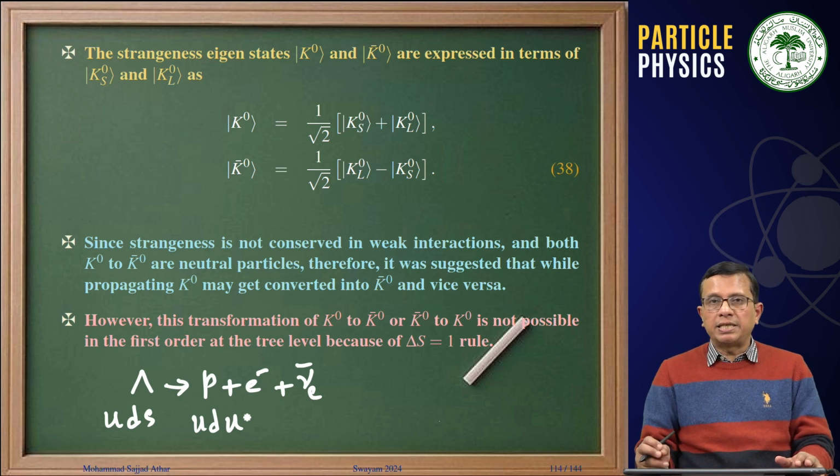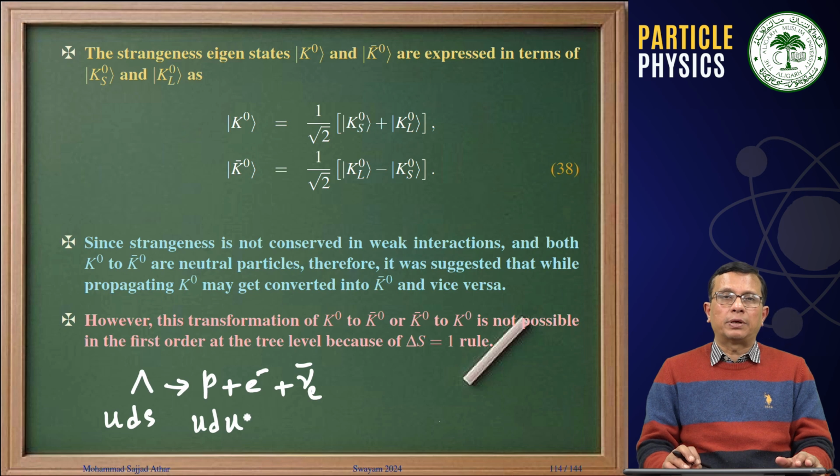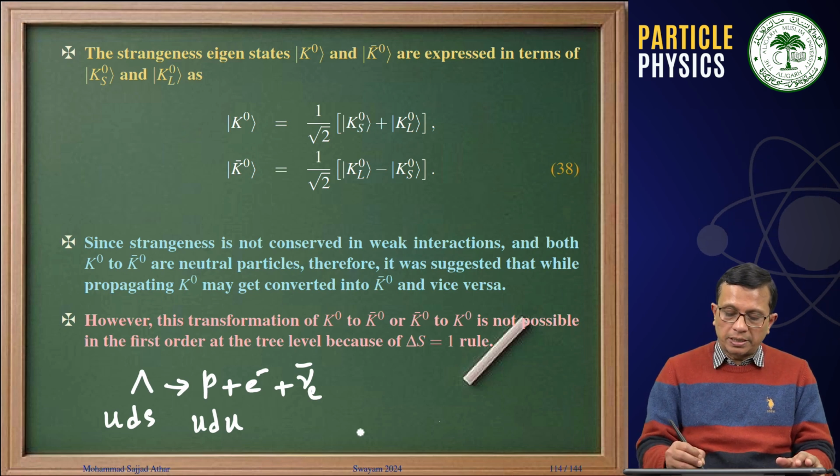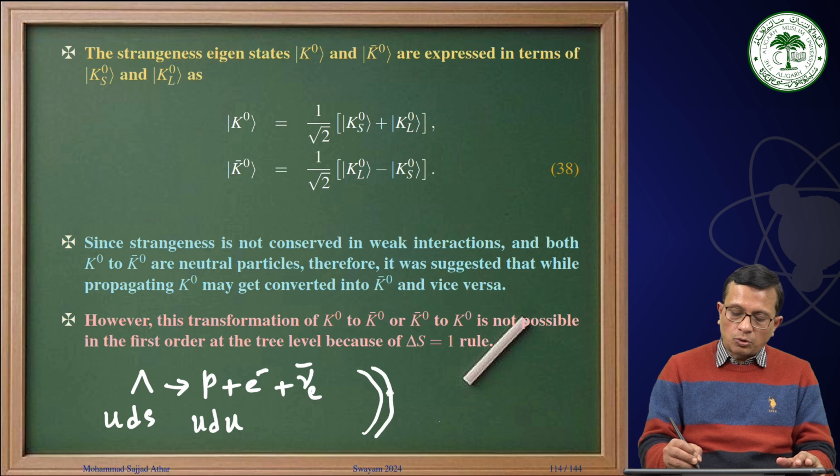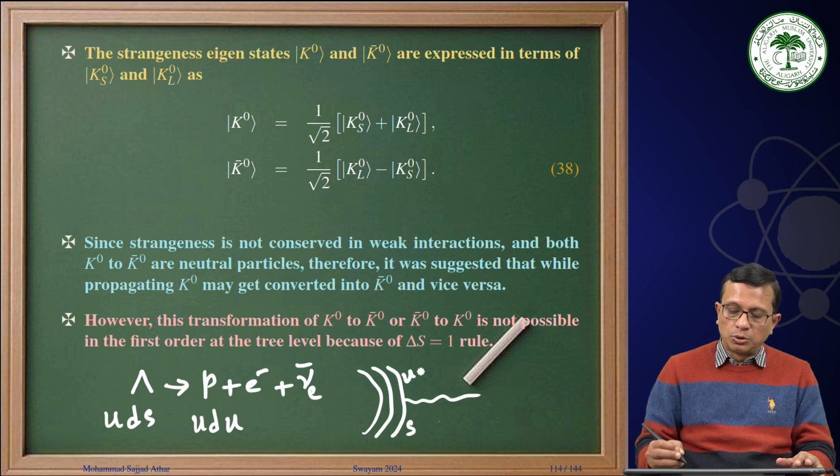Therefore, s is changing into u. And s has a charge of -1/3, u has a charge of +2/3. Therefore, at the quark level, the s quark is changing to a u quark.